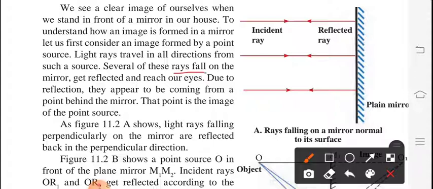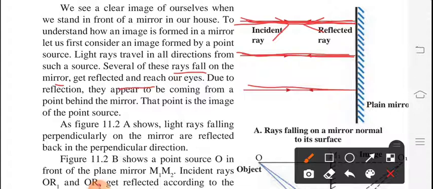Several of these rays fall on the mirror. So these are the incident rays. They get reflected and reach our eyes. Suppose this is the direction of incidence; when it is reflected, it comes back in exactly the opposite direction.